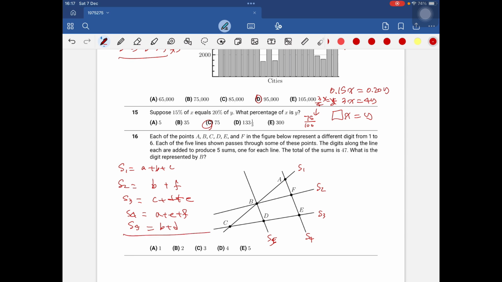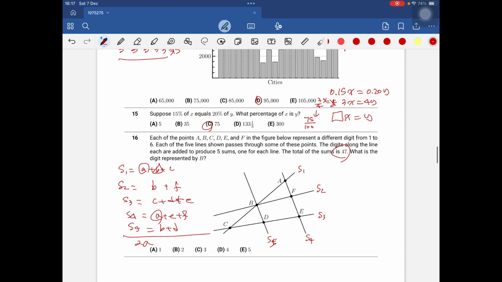When we add them all together, it's 47. So 2A and 3B, yeah, makes sense, 1, 2, 3 lines. C also 2, D 2, E 2, F 2. So when we add them all together, it's 47.